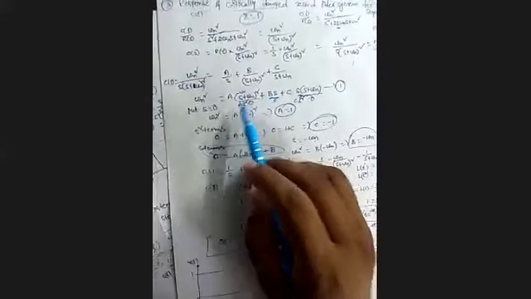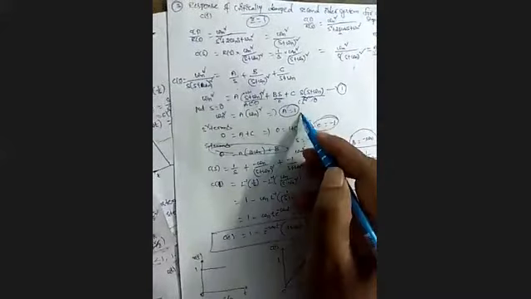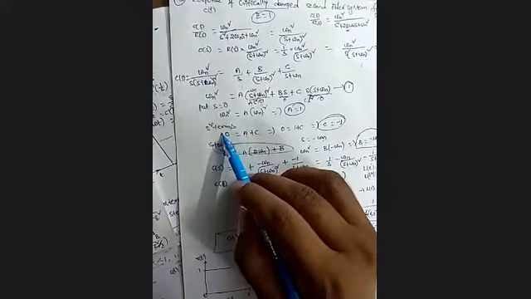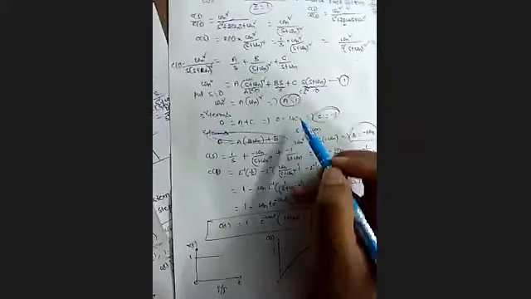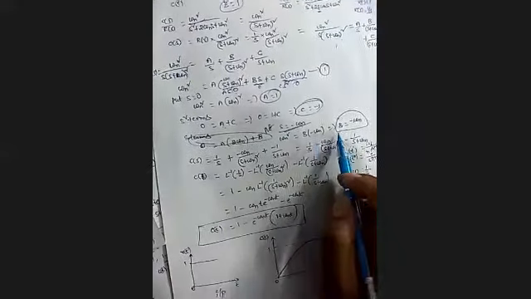Then A, B, C are the residue values, so we need to find the ABC values. Put s equal to 0 and we get the A value. By comparing s square terms on both sides, we get the C value. Similarly, put s equal to minus omega n and we get the B value.